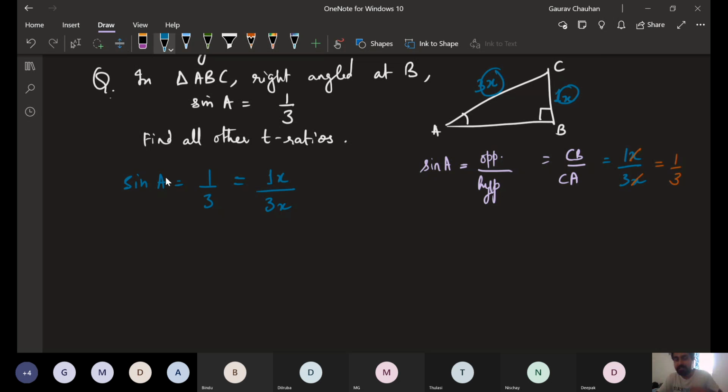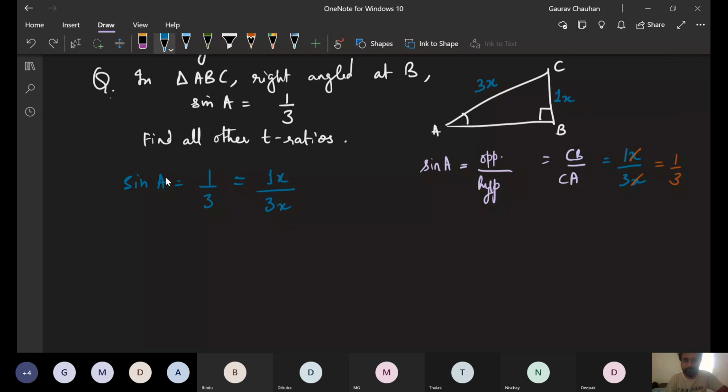But in terms of x, can I find AB also? Because for other ratios, I need AB. I need the adjacent side. I need the base. Does anyone want to give me any idea of what we can use to find AB?